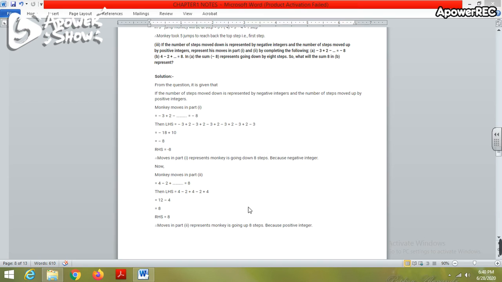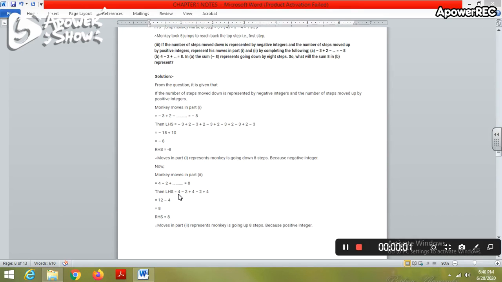After the 5th jump he reached the first step. So the situation is like this: 4 -2 +4 -2 +4. This 4 represents 4 steps upward, and -2 represents 2 steps downward.